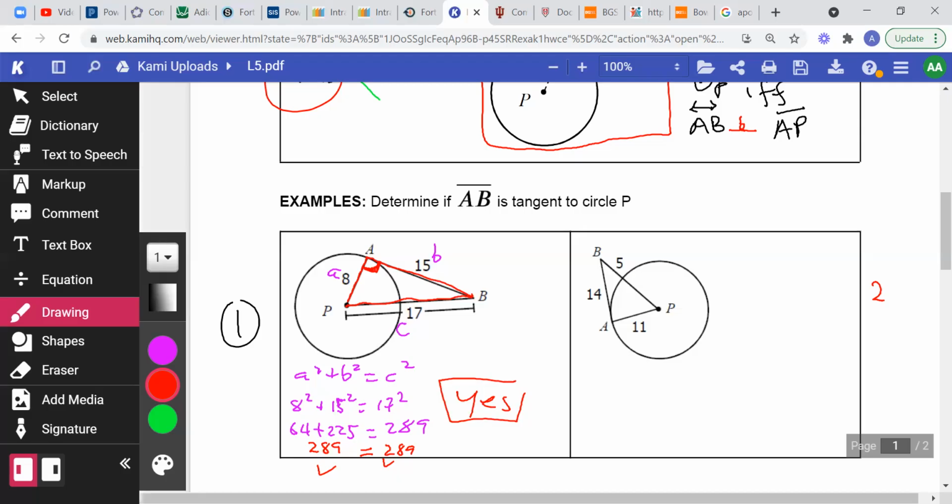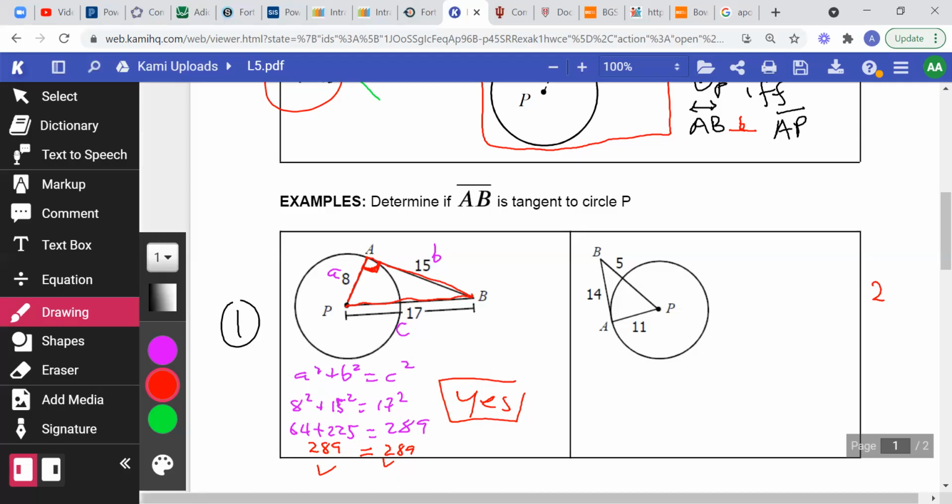It's almost the same problem, just that this time we turn the triangle upward by maybe 90 degrees. Would it be 11 squared plus 14 squared equals 5 squared, isn't it?